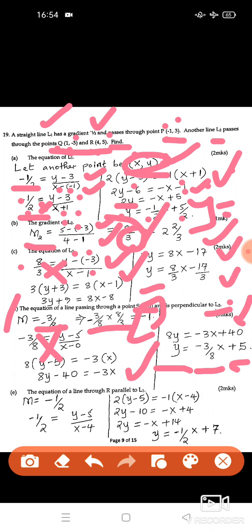Finally, the equation of a line through R parallel to L1. For two parallel lines, they have the same gradient. Therefore, a line parallel to L1, because we were told that the gradient of L1 is -1/2, then this gradient here will also be -1/2, such that now -1/2 equals change in y minus 5.